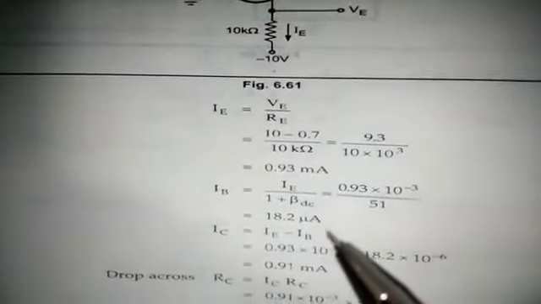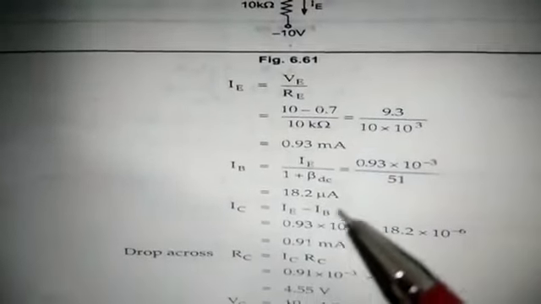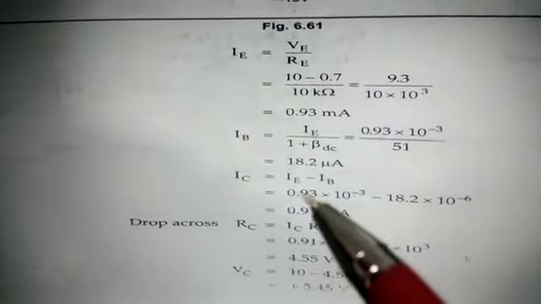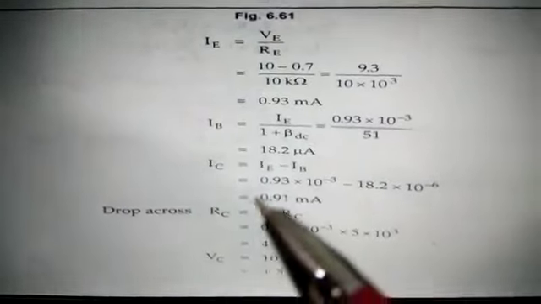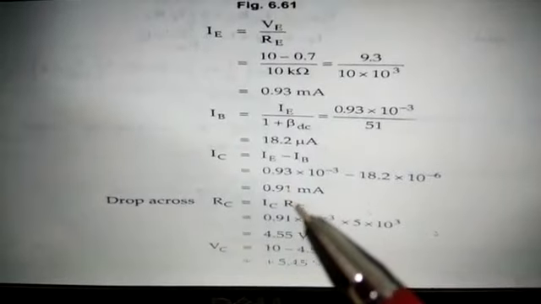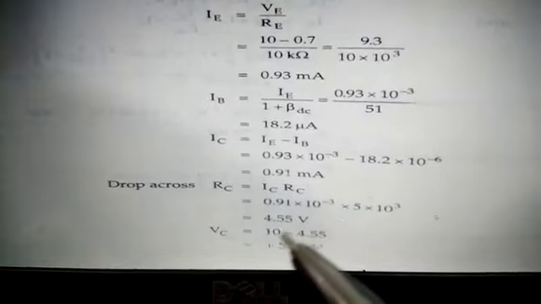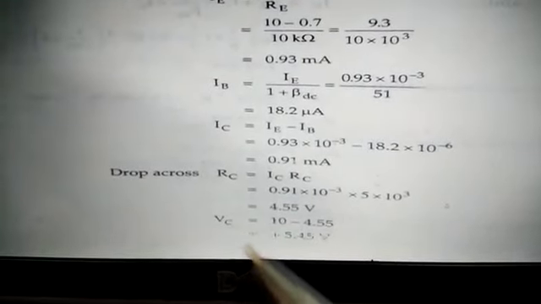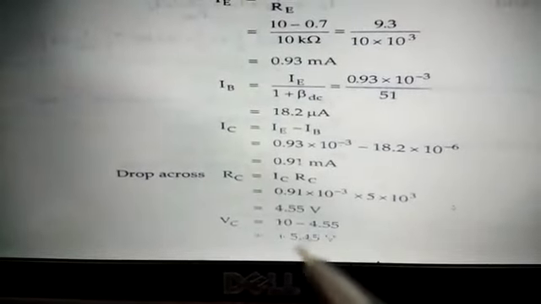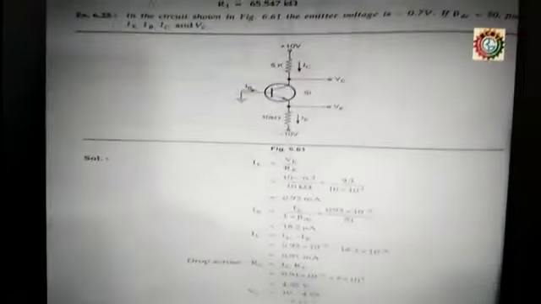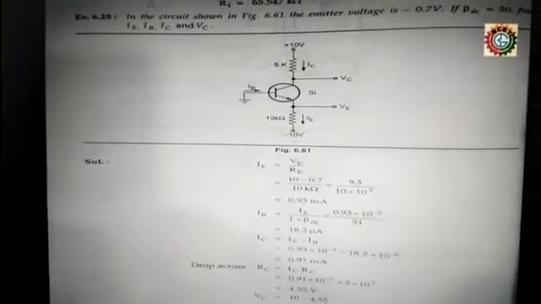IB is equal to IE upon 1 plus beta according to the formula. You can calculate this value, and IC is equal to IE minus IB, because IE is equal to IC plus IB. So this is the standard one. You can calculate this, 0.91 milliampere. Now the drop across RC is IC into RC. Once you get this drop, calculate VC. VC is equal to 10 minus the drop across RC. This comes to be 1.545 volt. So in this way you can solve a number of problems on biasing also.